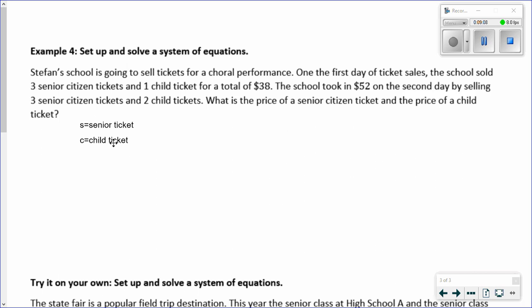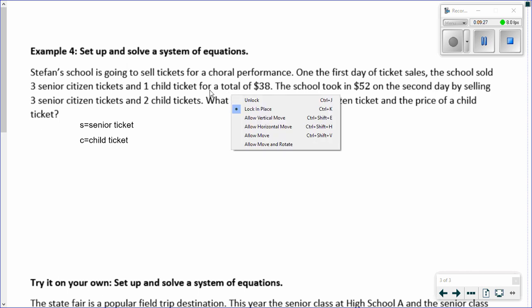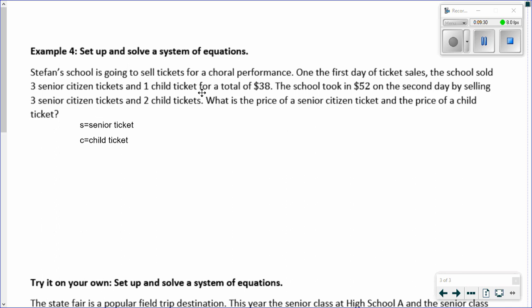The next thing I'm going to do is look for totals. So I have a total of $38 on the first day, okay, and I have a total of $52 on the second day. So to make my equations, I'm going to look at what made up those totals. The first day was $38 total, and it was made up by 3S plus 1C.